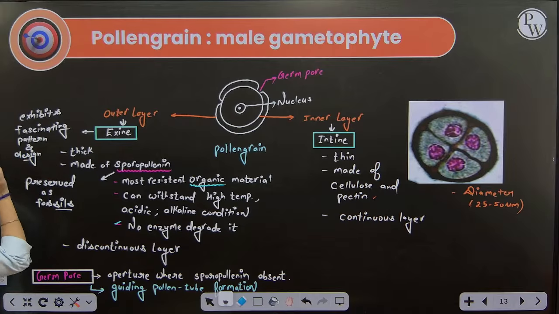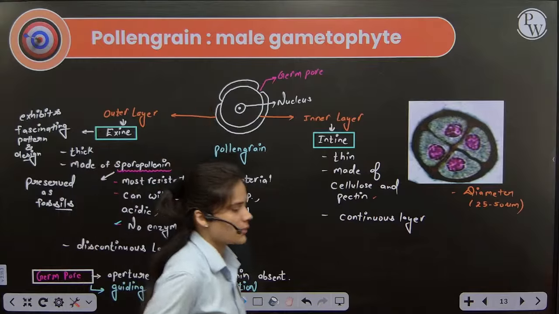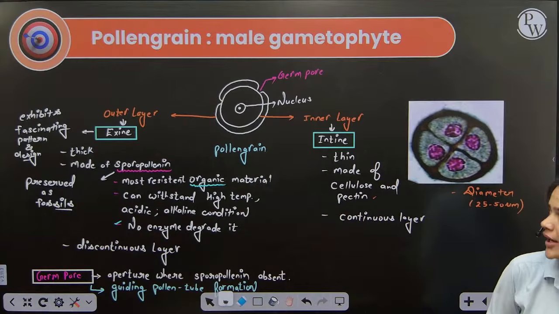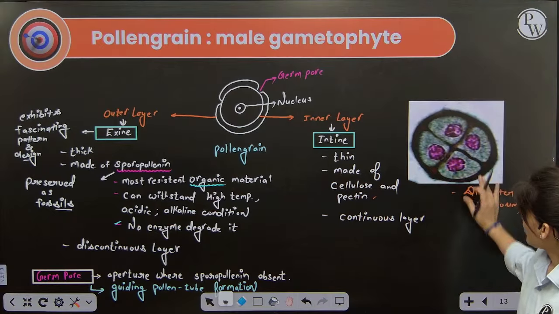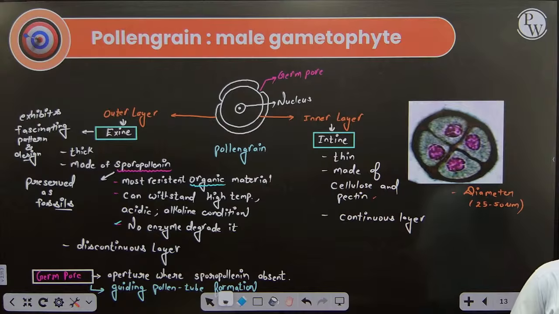Because sporopollenin is absent in some areas, and these apertures are known as germ pores. Now, what is the diameter of that pollen grain? It is about 25 to 50 micrometers.